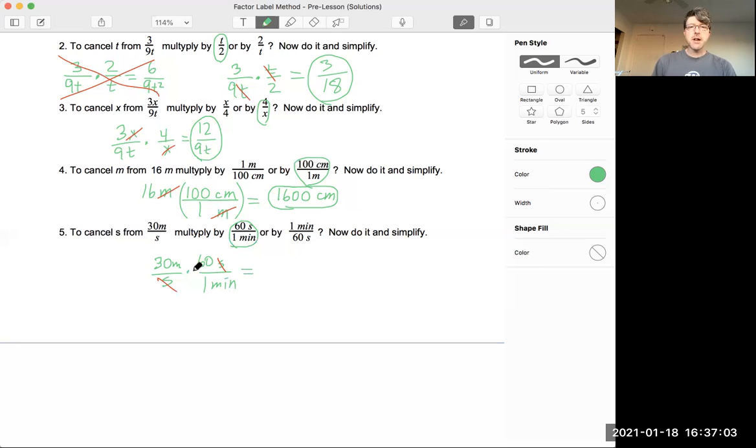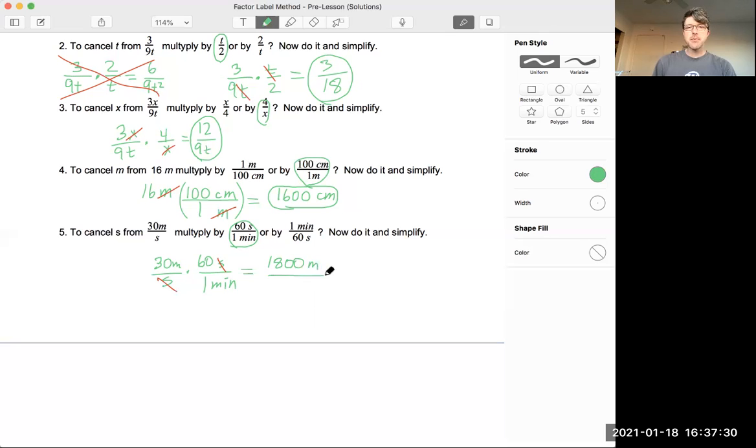Okay, so we've got 30 times 60. We're going to multiply these together. 30 times 60. Well, 3 times 6 is 18. And then we have a 0 here and a 0 here, so that'll be 1800. You can do that on your calculator if you want, but I can do it in my head, and so can you. Okay, so 1800 on the top. There's the unit of meters there.